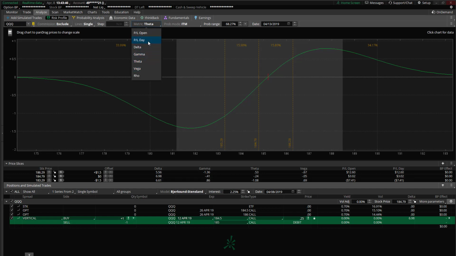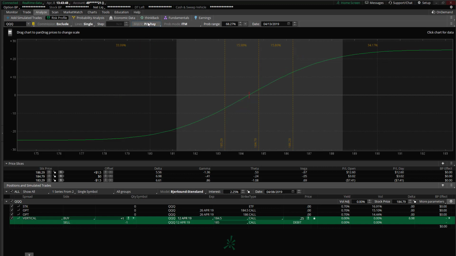Just for the most part, people either leave it on P&L day to see if they're, say, already in a trade, how their trade is doing, or if they're looking to get into the trade, how much they could make or lose on this particular day.